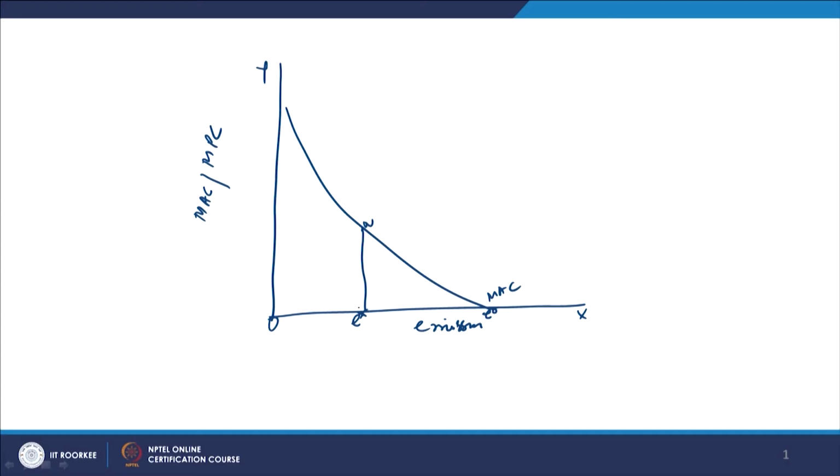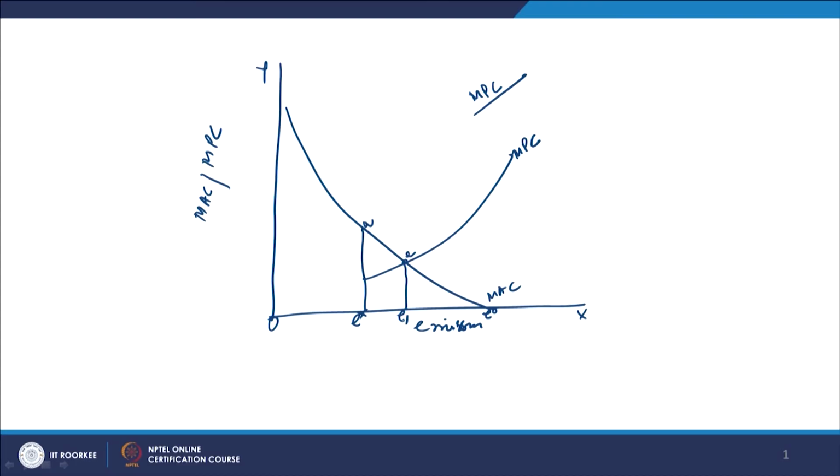And now if we also know the marginal penalty cost curve MPC, and if this is the marginal penalty cost curve MPC, and this curve is intersecting the marginal abatement cost curve, so socially desirable or optimum level of emission is say E1.